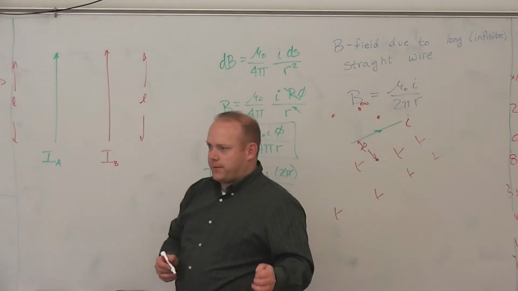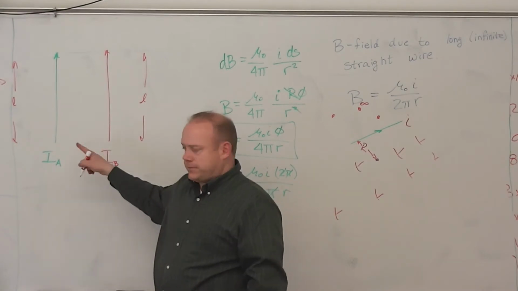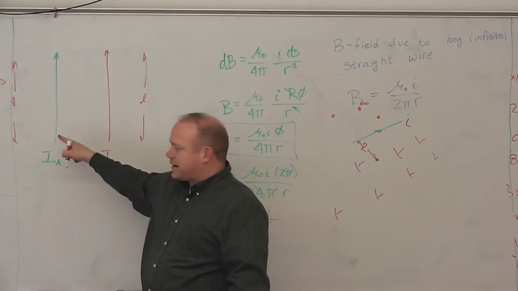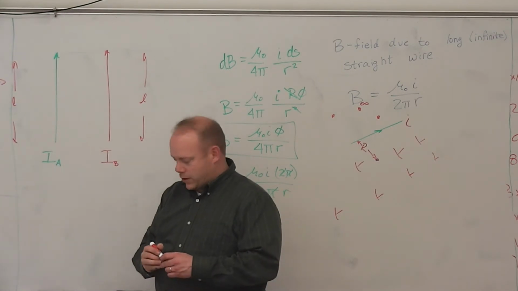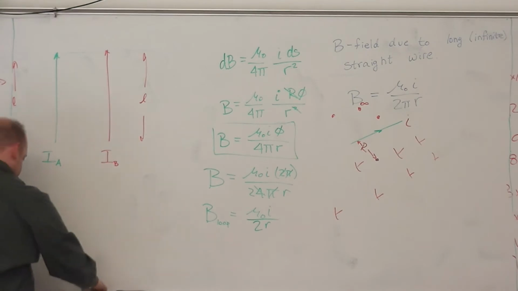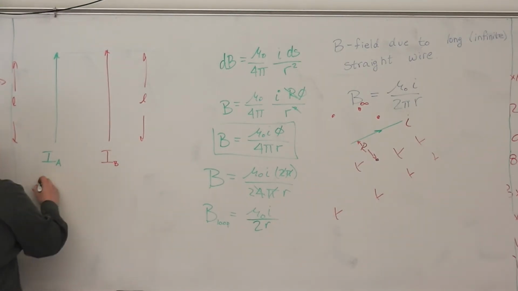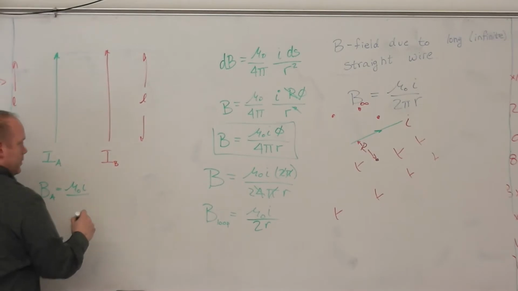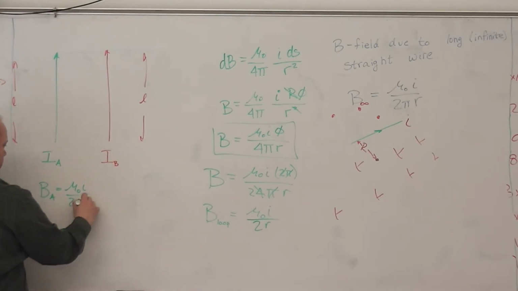The interesting part of the magnetic field that it's creating is where this creates a magnetic field over top of this, and where this creates a magnetic field over top of that. So the magnetic field that A creates, that B feels, is going to equal mu naught I over 2 pi r.